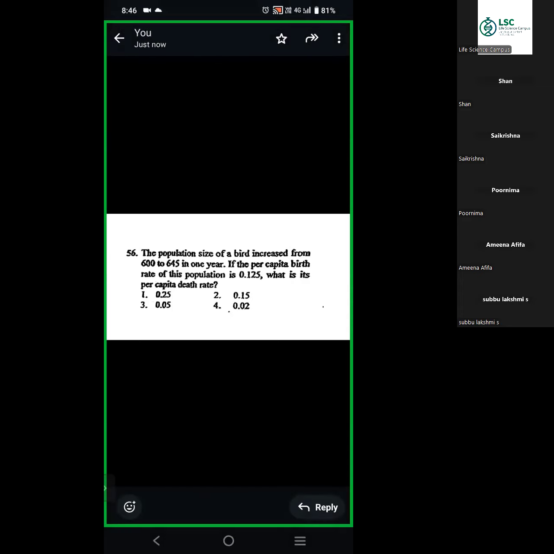Are you able to do this question? Is it over?